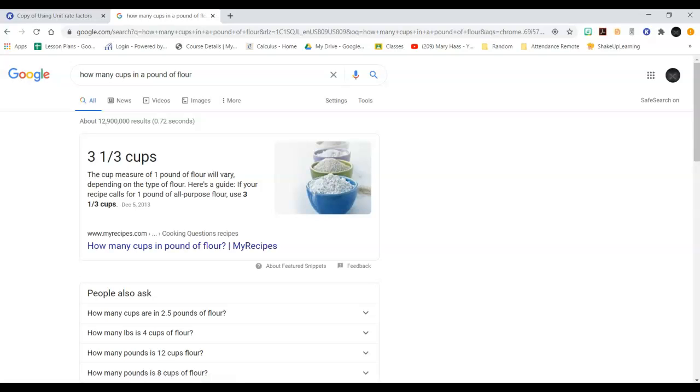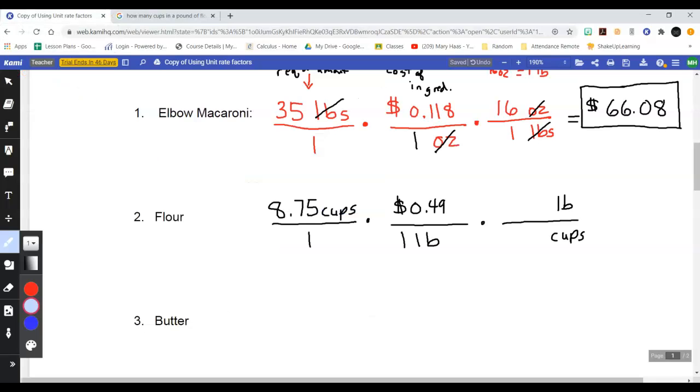It says a cup measure of 1 pound of flour will vary depending on the type of flour. Here's a guide. Your recipe calls use 3 1/3 cups. Okay, so 3 1/3. Now we can't use fractions on most of our calculators if you're using your cell phone. So you will need to convert that into a decimal. And I hope that you know 1/3 as a decimal is 0.333.